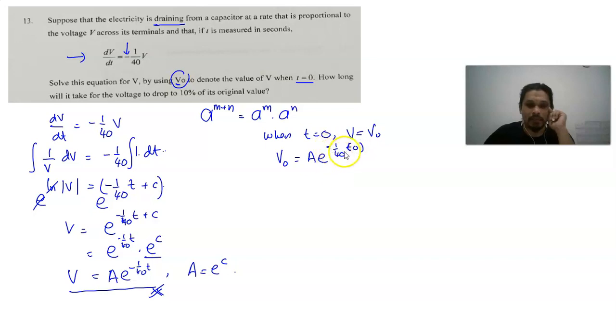So negative 1 over 40 times 0, everything equals 0, and e power of 0 equals 1. Then v naught equals a. Substitute a here with the symbol v naught, the initial voltage: v equals v naught e power of negative 1 over 40t.